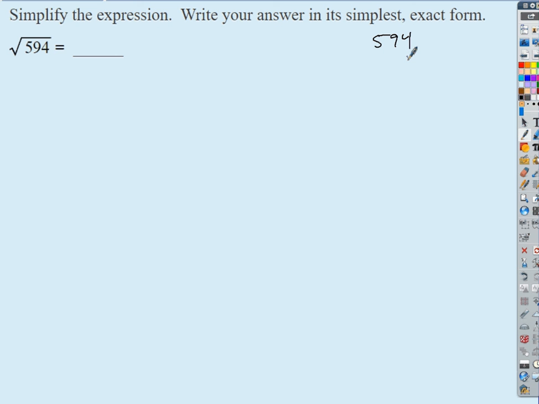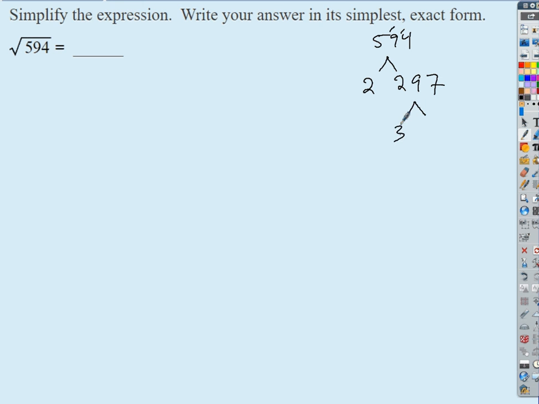So what's something that goes into 594? 2. And then 2 goes into 5 2 times with 1 left over. 2 goes into 19 9 times with 1 left over. 2 goes into 14 7 times. There you go. Okay? Now what? 3. Yeah, good. We can do 3, can't we?